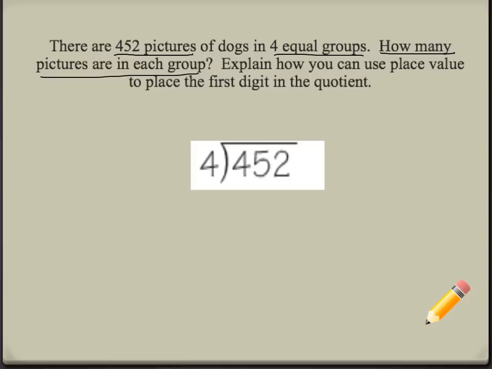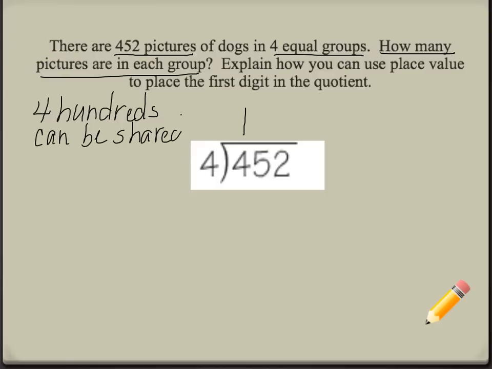If I have 452 divided by 4 equal groups, can I divide the 400s equally by 4 equal groups? Yes, I can. It will go in there 1 time. So let's go ahead and start by explaining this. 400s can be shared by 4 groups, or among 4 groups, I guess would be a better way of saying this.